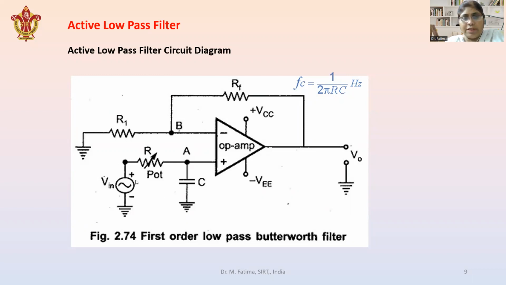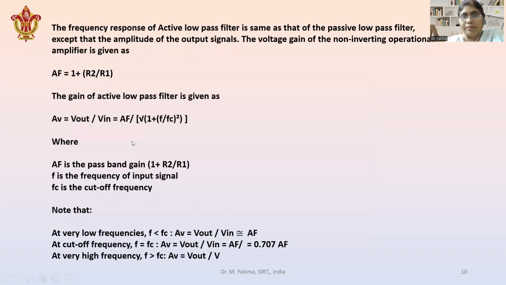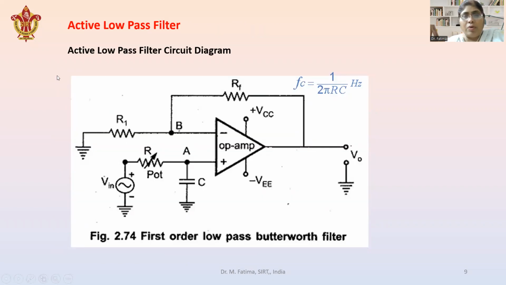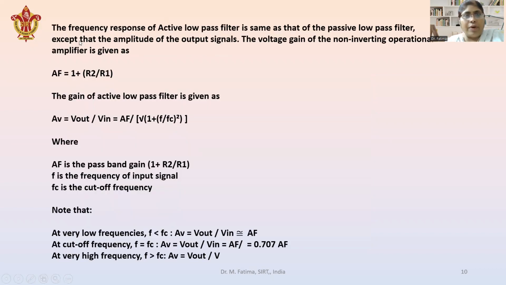Now, when input voltage is given to this low pass filter, if the frequency changes, this filter passes the lower frequencies and attenuates the higher frequencies. The gain of this low pass filter is equal to 1 plus RF upon R1, or you can say 1 plus R2 upon R1.